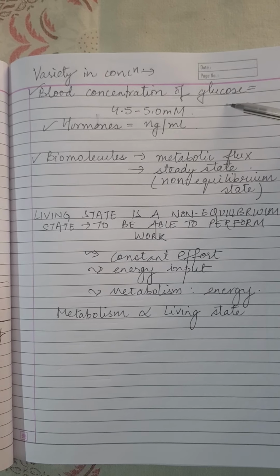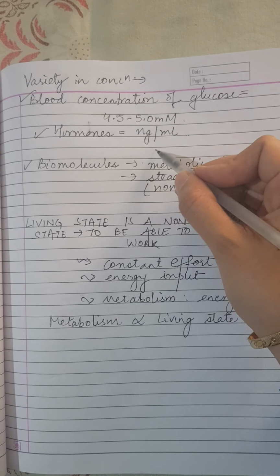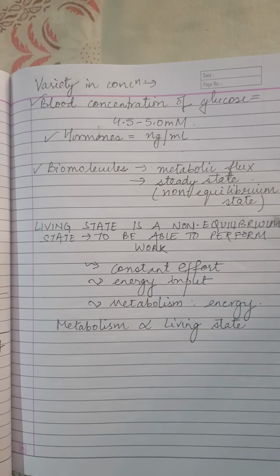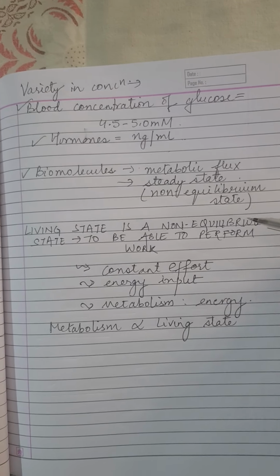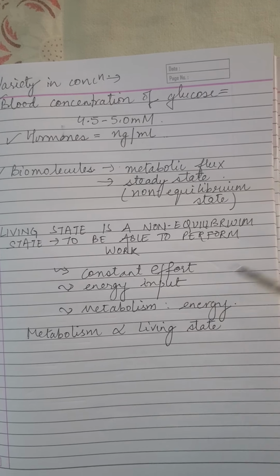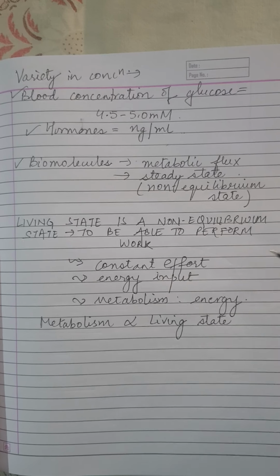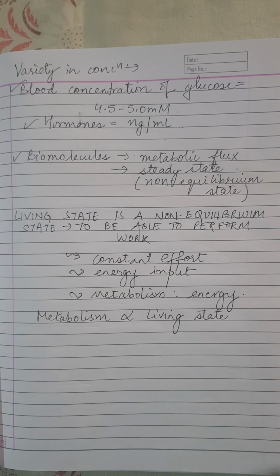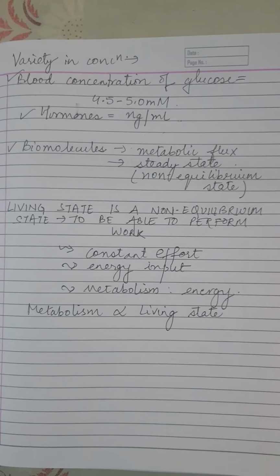Like in blood, the concentration of glucose is in millimolars, whereas of hormones is in nanograms. So that is the variety of concentration. So, by this, we understand that biomolecules are always in a flux, which means they are not in any equilibrium state, it is in steady state. Steady state helps to perform work with constant effort, energy input, which is directly proportional to the living state.